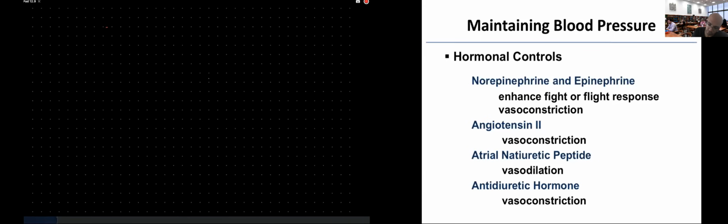We've seen three hormones that increase the blood pressure: norepinephrine, angiotensin II, and the antidiuretic hormone.